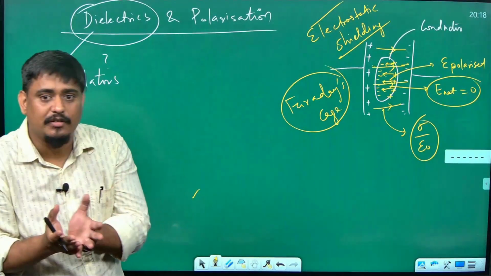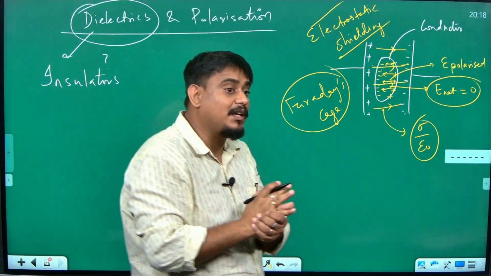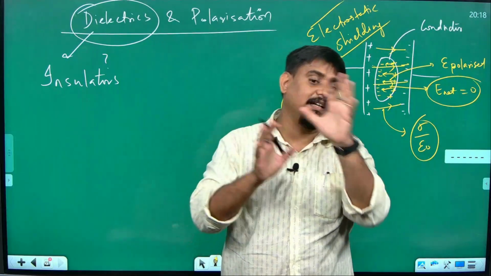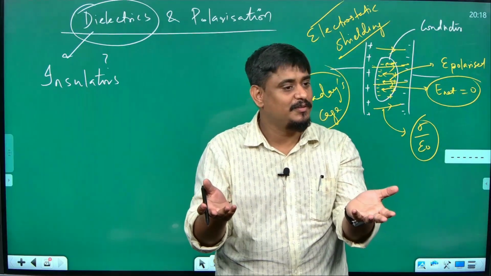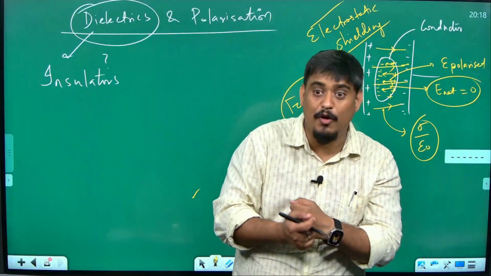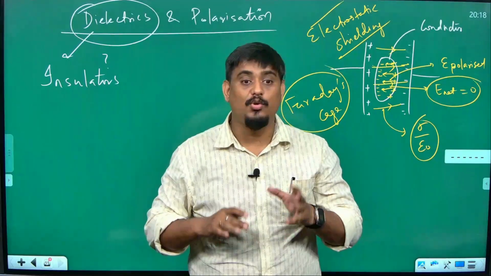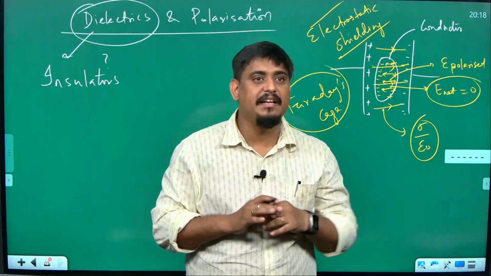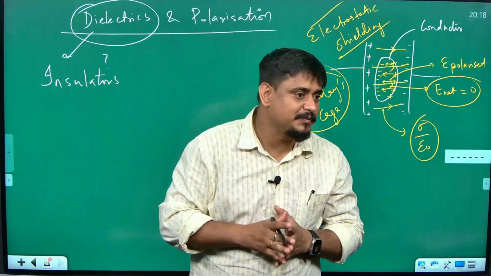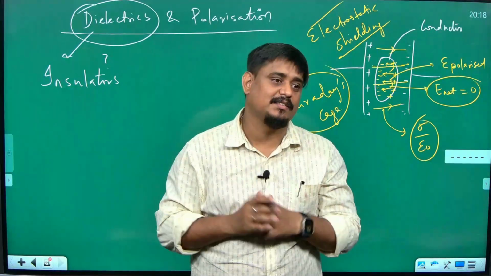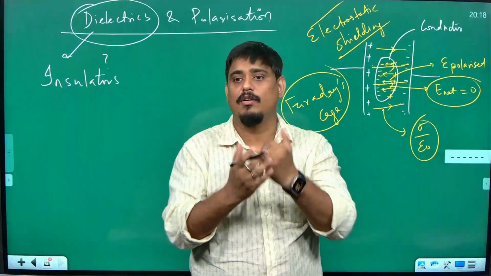So it is a condition where you keep a conductor inside a uniform electric field, and then inside the conductor there is no electric field. It is said that if you are in a car on a heavy rainy day with too much lightning, the safest place is inside the car with all the doors locked.